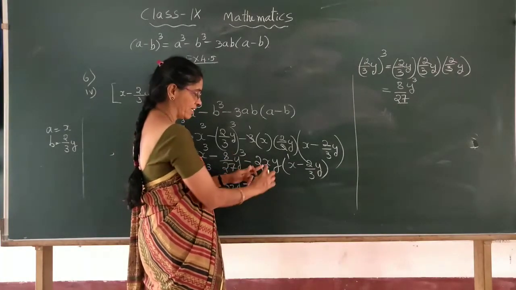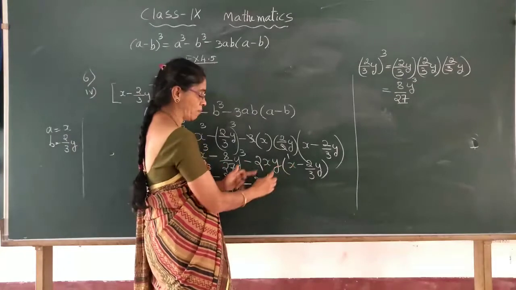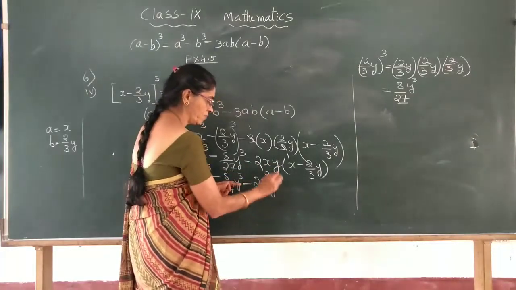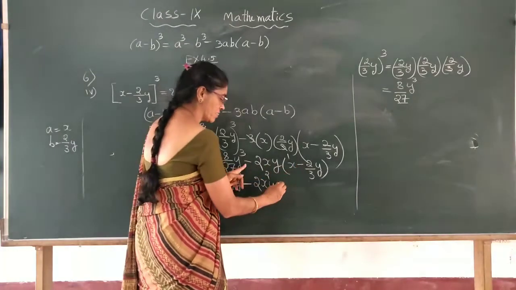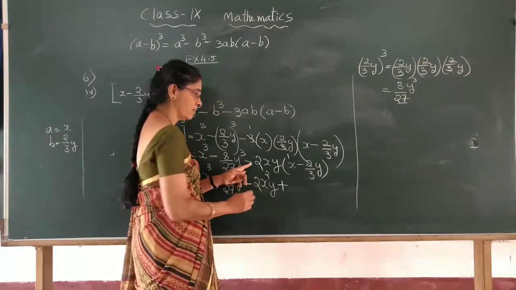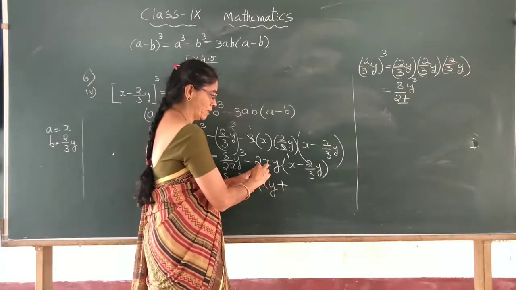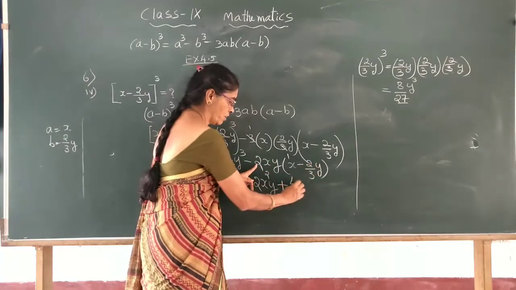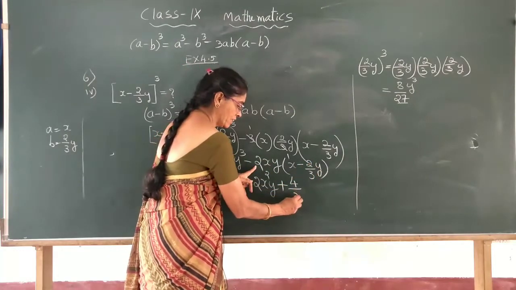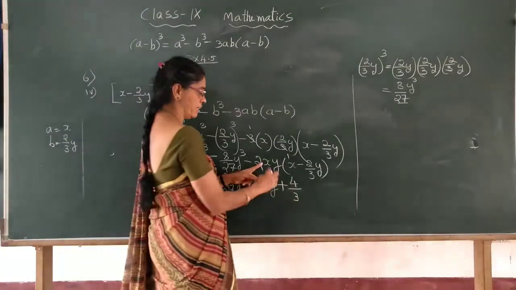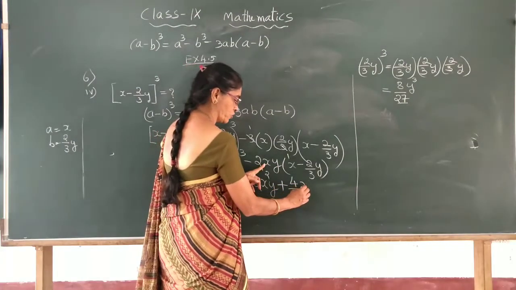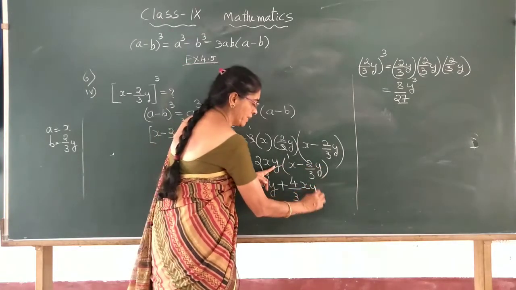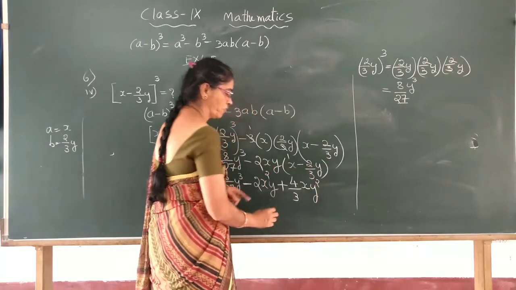Then x into x, two terms multiplied, so x to the power of 2, and y only one term. Now minus into minus is plus. Arithmetic numbers here: 2 into 2 is 4, denominator only 3. Then x, only one x, and y into y, so the power is 2 for y.